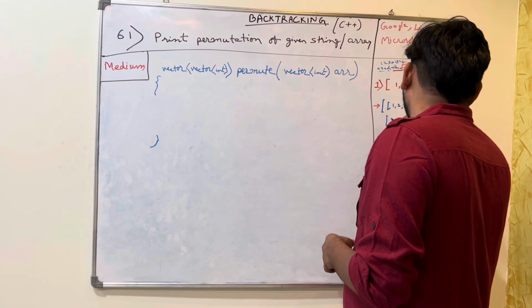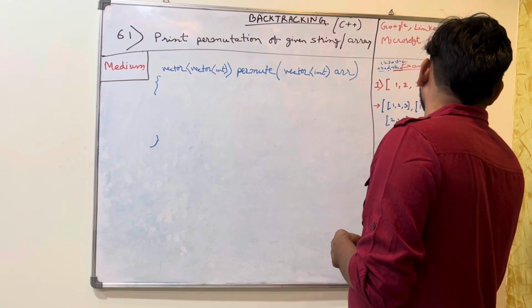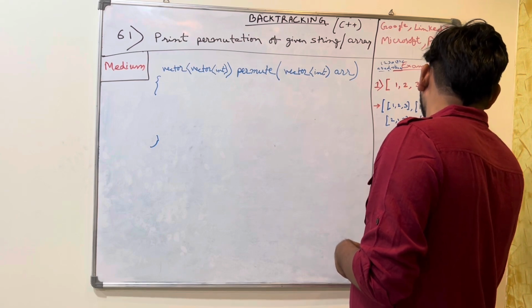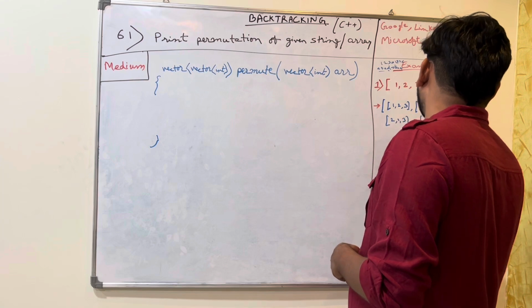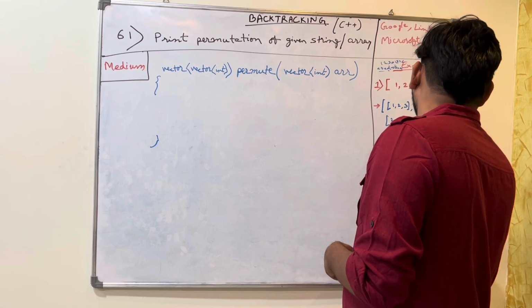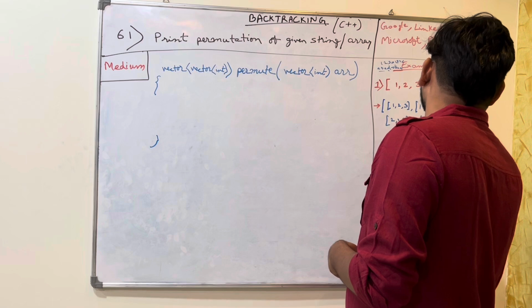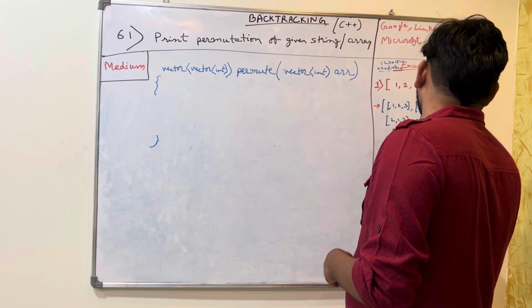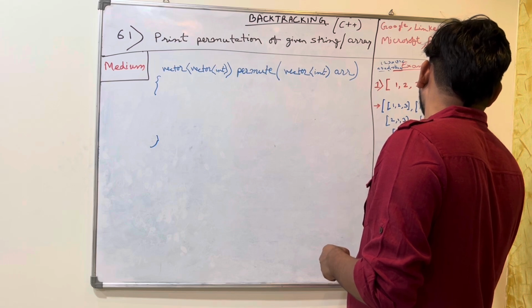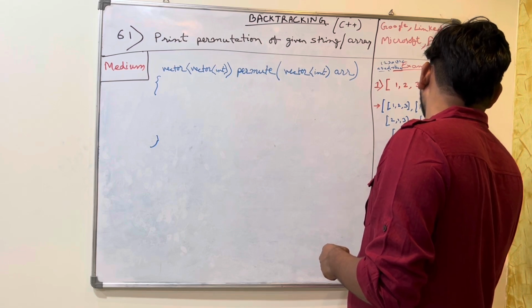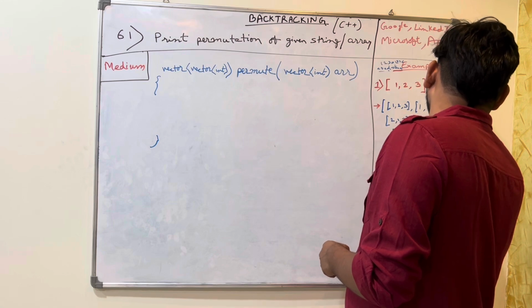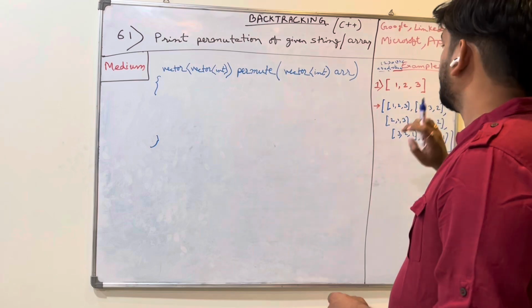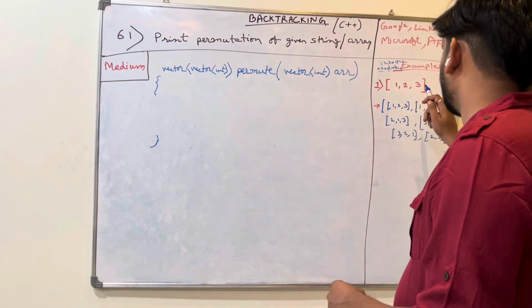Then 2, 1, 3, and what else? 3, 1, 2, and then 3, 2, 1, and one more is left, 2, 3, 1. So these are the 6 different permutations of 1, 2, 3.